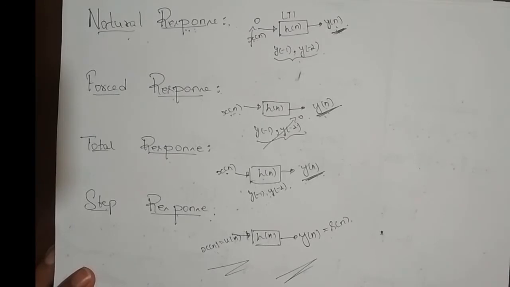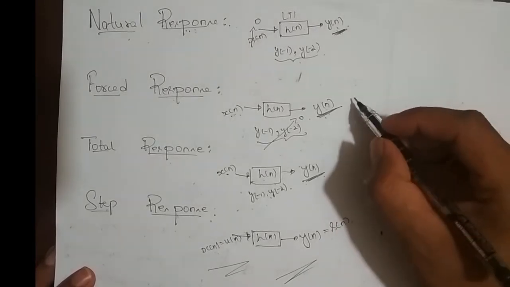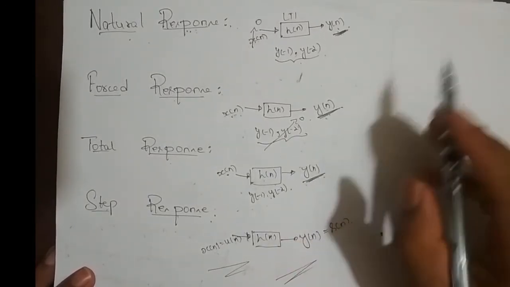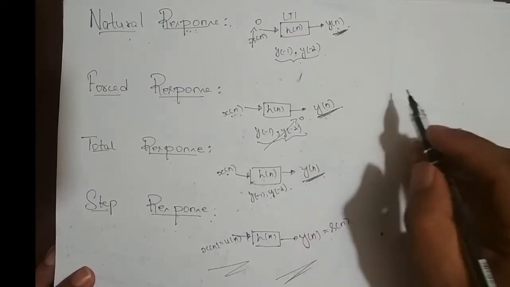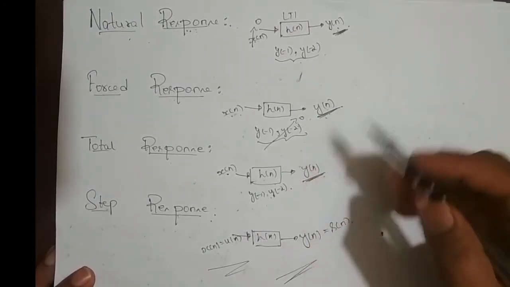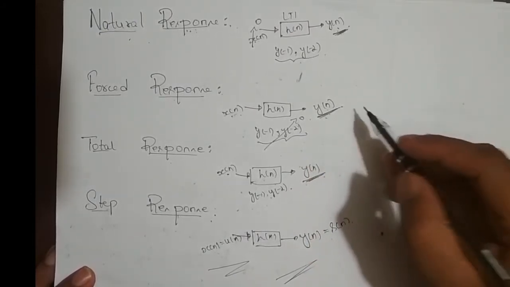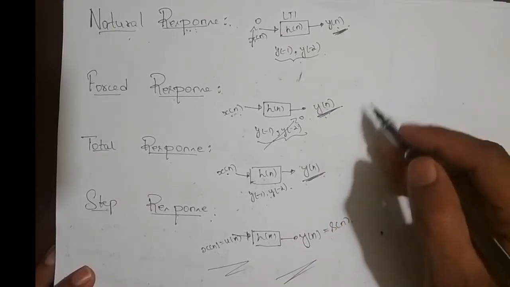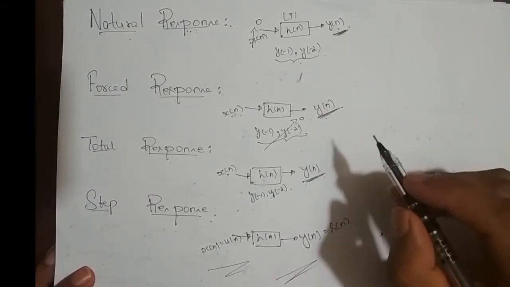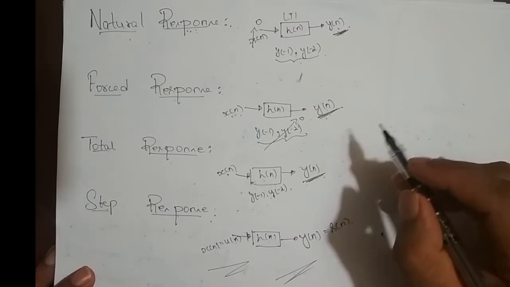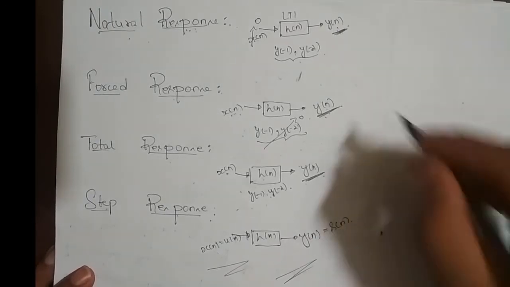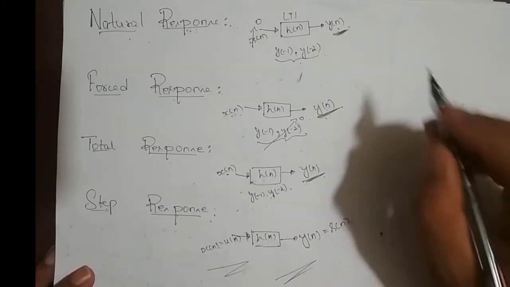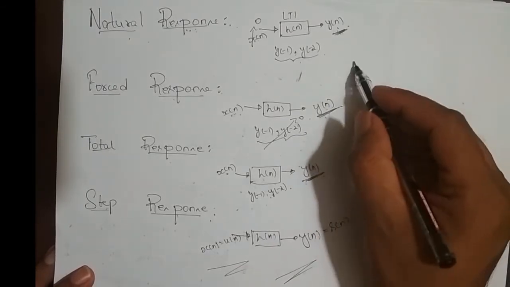Now, in the problem, they give you the difference equation and the input, and they might give you the initial conditions or they may not. Depending upon whether they give you the initial conditions, you have to take either the unilateral Z transform or the bilateral Z transform. Let me just brief it.